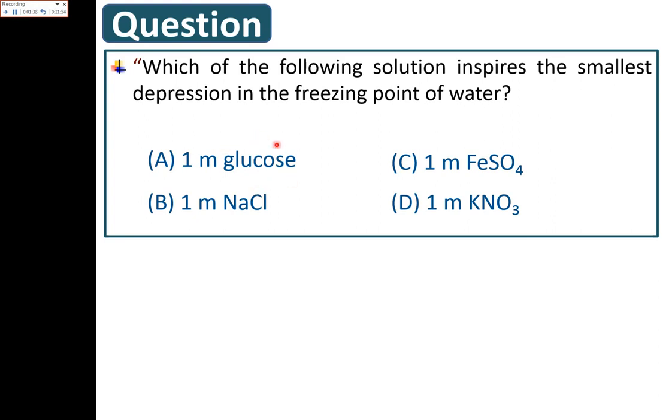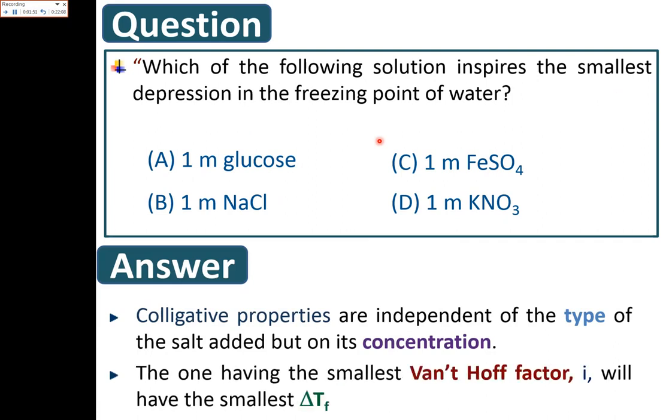So we expect that 1 molar glucose will have the smallest depression of the freezing point. Colligative properties are independent of the type of salt added but depend on its concentration. The one having the smallest Van 't Hoff factor will have the smallest ΔTf. So the answer will be 1 molar glucose.